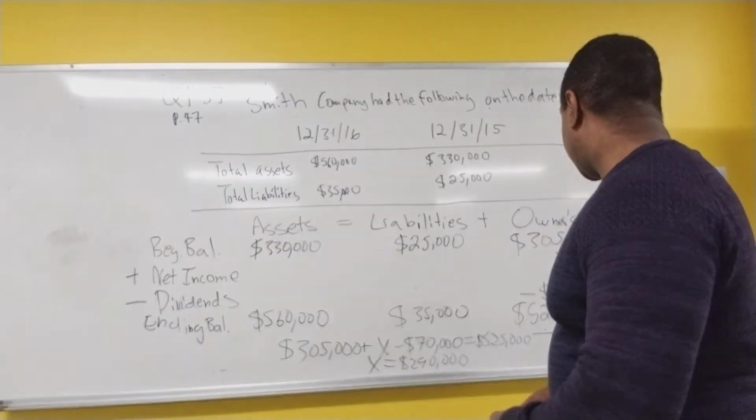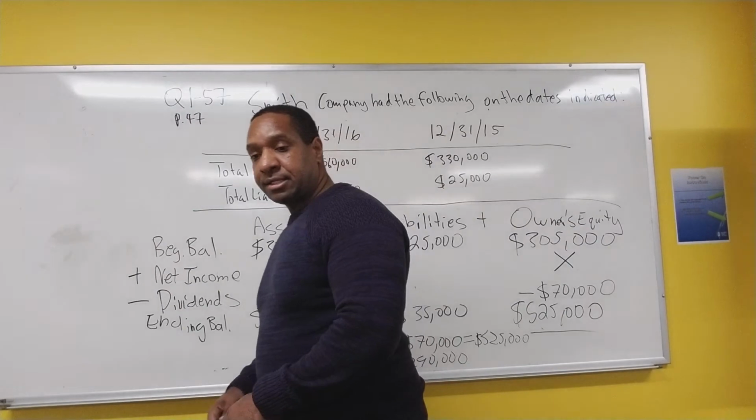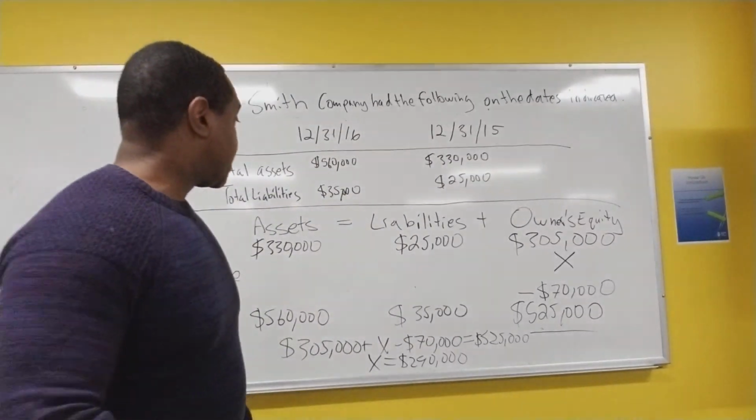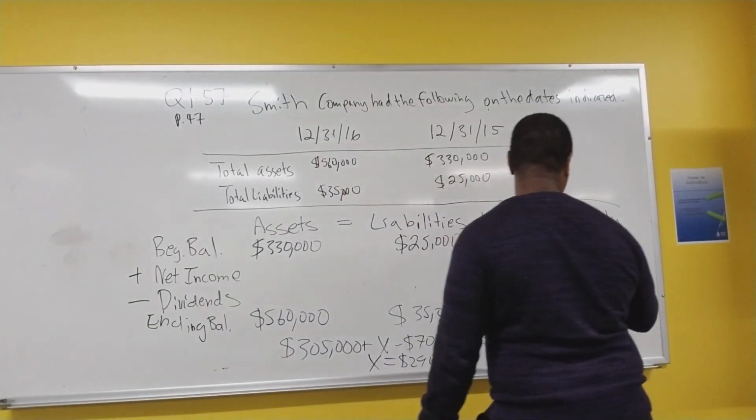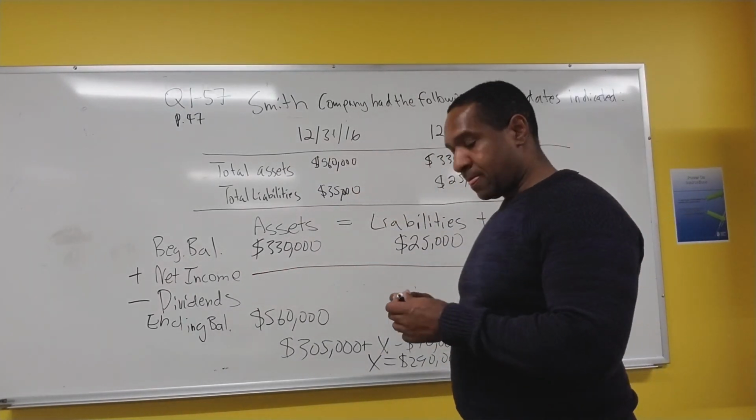So the 290,000 is our X. And the X is our net income.